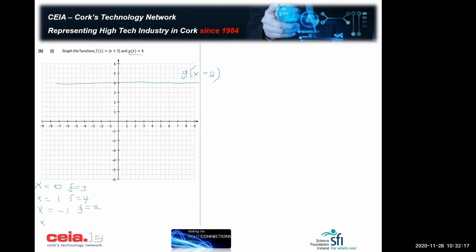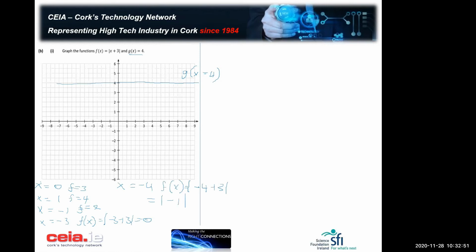If x is equal to minus 3, what's f of x equal to? I'm just going to demonstrate that one. It's the modulus of minus 3 plus 3, which is equal to 0. What happens when x is equal to minus 4? Well, then f of x is equal to the modulus of minus 4 plus 3, and that's equal to the modulus of minus 1.